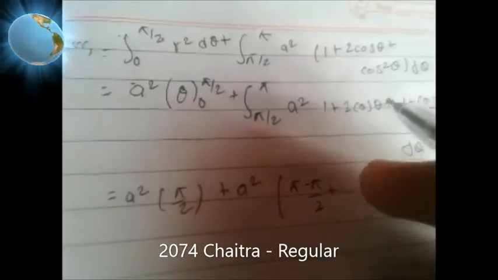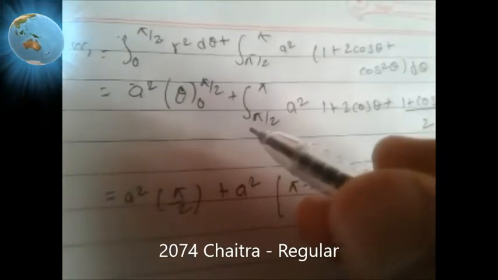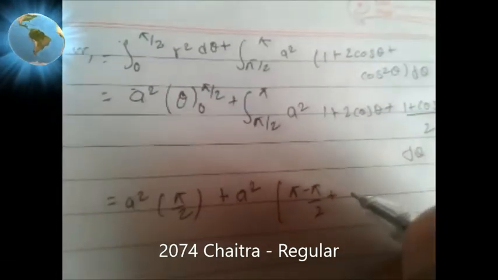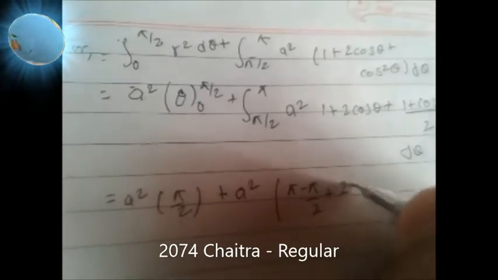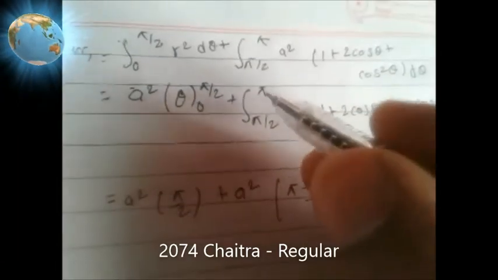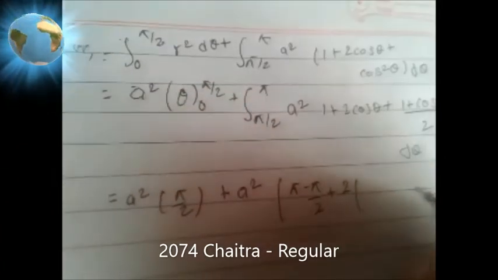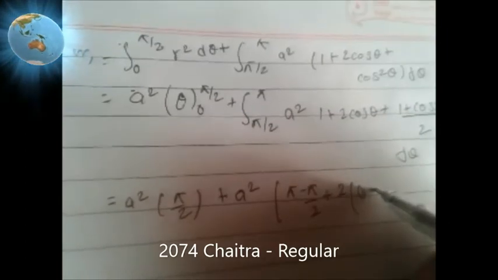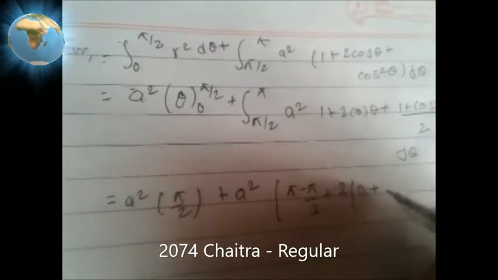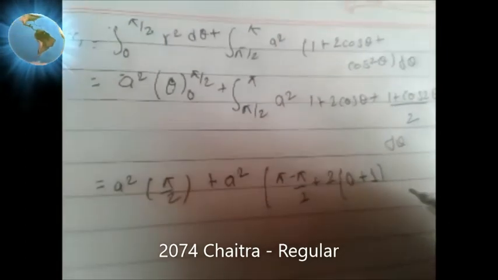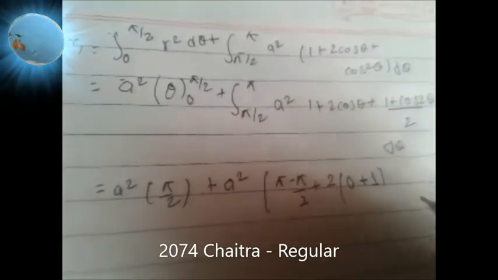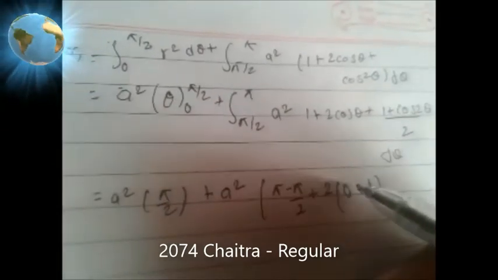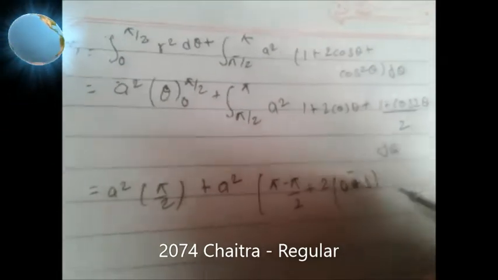The integration of 2 cos theta is 2 sin theta. Sin pi is 0 and sin pi by 2 is 1, and there is a minus because of the limits.